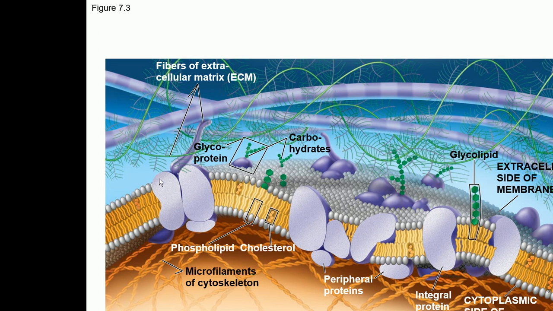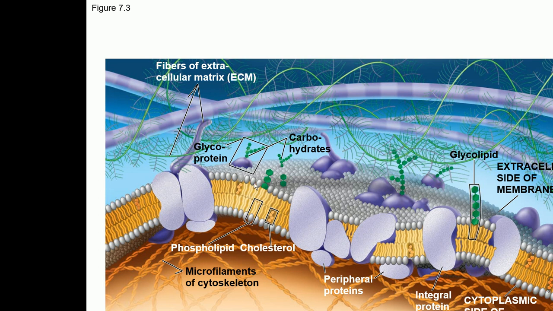And these are some of the proteins which are outside the phospholipid bilayer. The proteins which are outside the phospholipid bilayer are called peripheral proteins, because they are at the periphery of the plasma membrane.